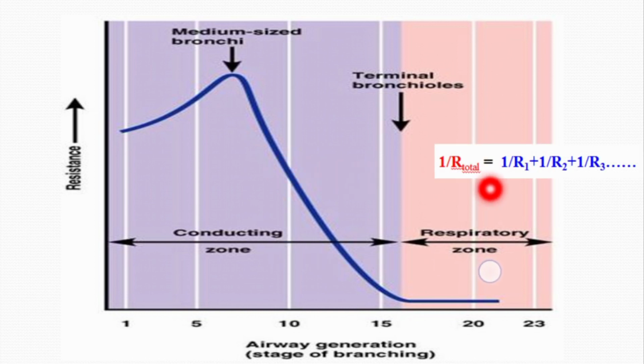And we know that in a parallel circuit the total resistance is less than all the individual resistances, okay. So this is the reason that the highest resistance is not offered by the smallest bronchioles, but by the medium sized bronchioles.